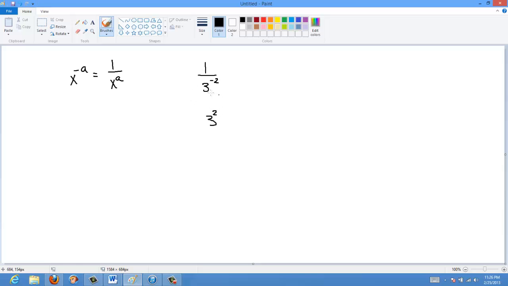Now, there is obviously a mathematical reason behind why this happens, but an easy way to remember is that this negative sign is telling you to basically flip this variable, or this number. So if the exponent is applied to a variable or a number in the numerator, then that number has to be moved down to the denominator.